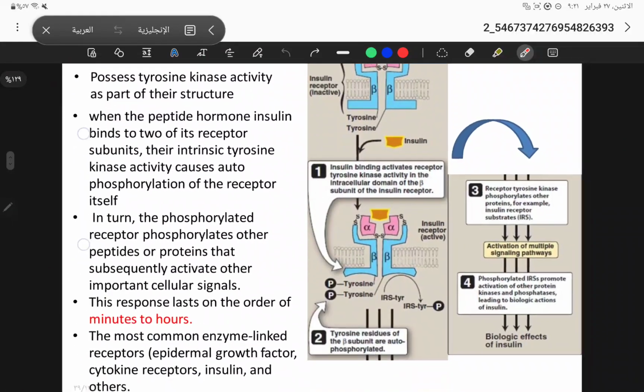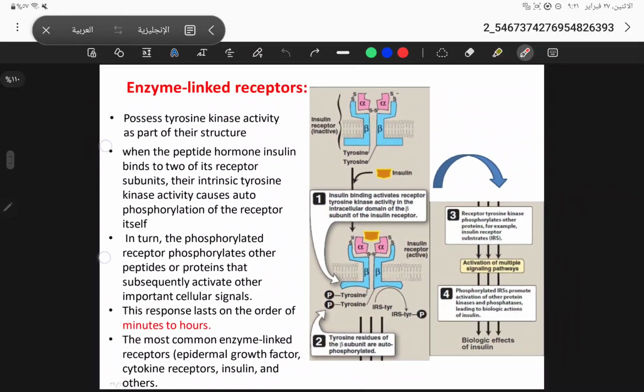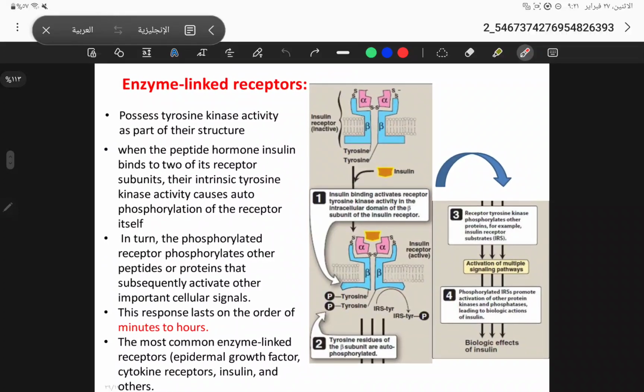Enzyme-linked receptors. These kinds of receptors possess tyrosine kinase activity. For example, the insulin receptors. مثال على tyrosine kinase أو enzyme-linked receptors are insulin receptors.